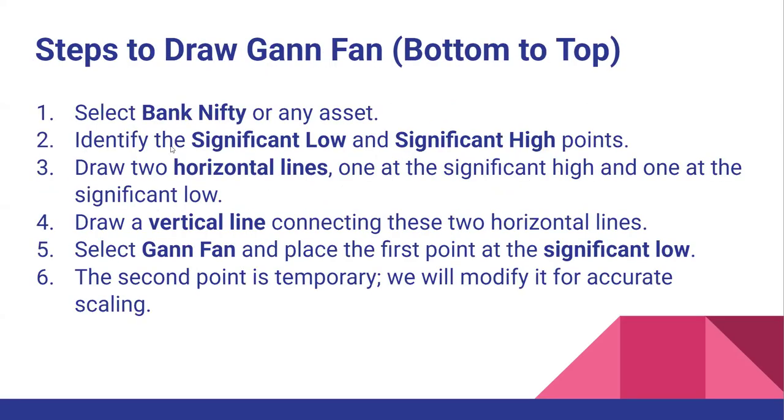Okay. Next, steps to draw Gann fan from bottom to top. That means you want to draw a Gann from swing low to swing high. Any asset you can select, whether it is Bank Nifty or Nifty. Identify the significant low and significant high points.